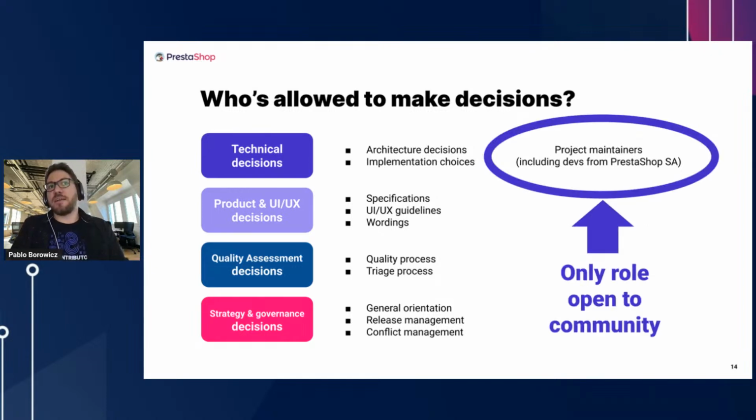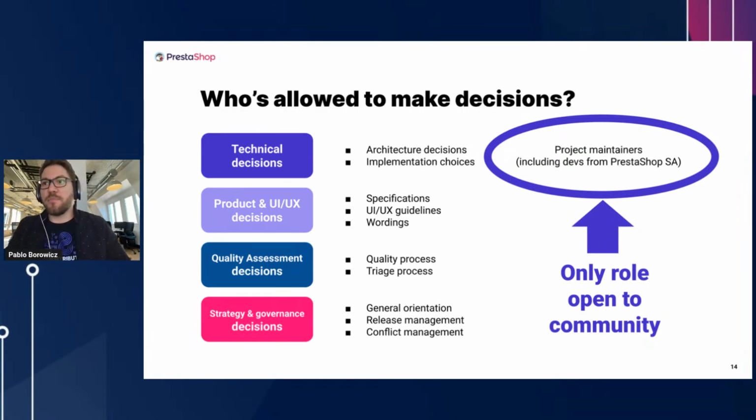So the first problem is that the only role that is currently open to the community is the one for maintainers. Maintainers can only make decisions on technical matters. The other kinds of decisions are only made by company people. So the only way to make more decisions is to hire more people, and the company doesn't have unlimited resources.